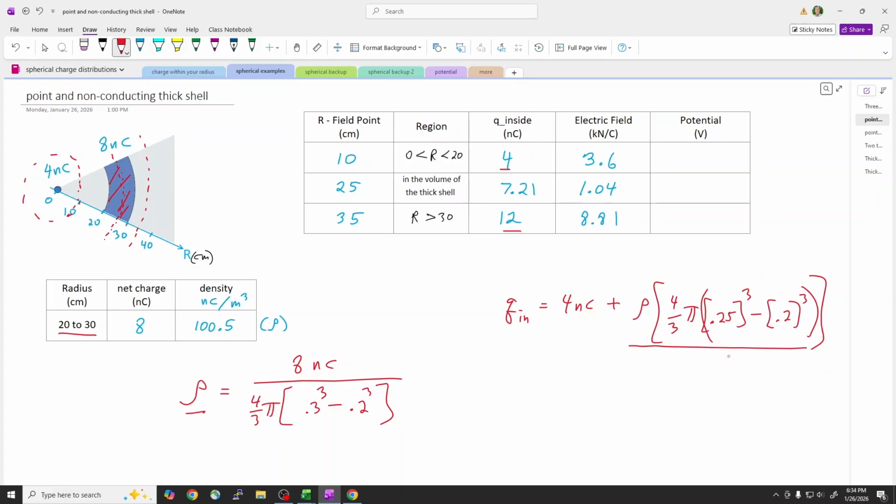Right, so when you calculate this amount plus the 4, verify that you get the 7.12 nanocoulombs. Then again, our electric fields are simply the Coulomb field kq inside over r squared. Right, the r for the field point is either 10, 25, or 35. The q inside we calculated, so verify that you can calculate these values, and the units I'm using are kilonewtons per coulomb.